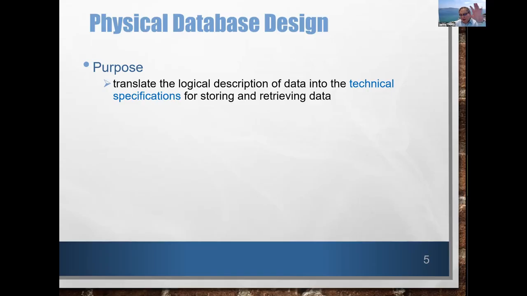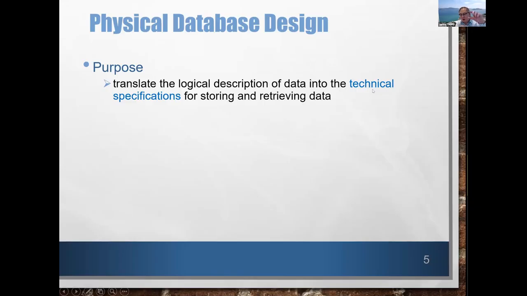At that point, it's still a logical design. Yet nothing has been implemented physically on how to store it on the hard disk. So here in physical design, we need to convert what has been drawn in your ER diagram and enhanced ER diagram, and what has been produced by the transformation, into technical specifications for storing and retrieving data.